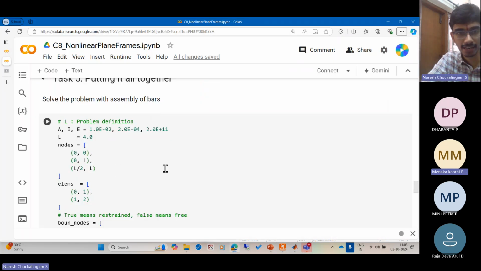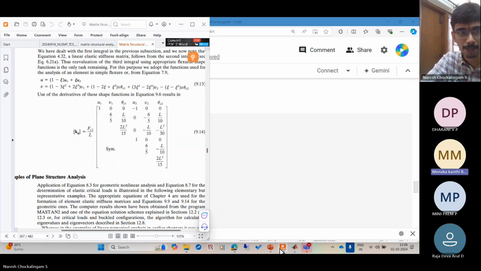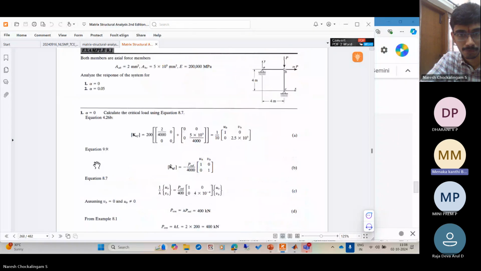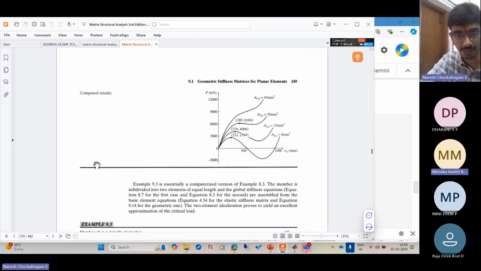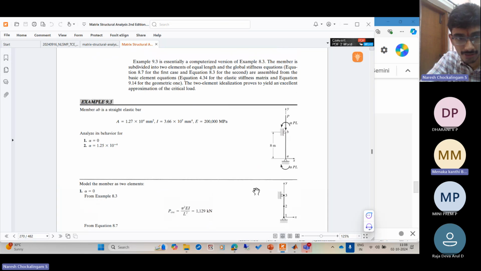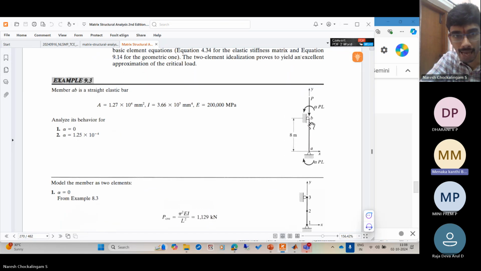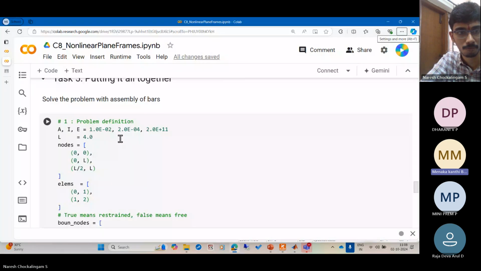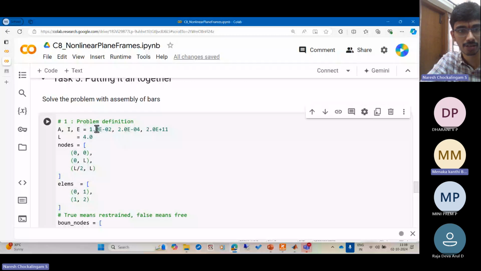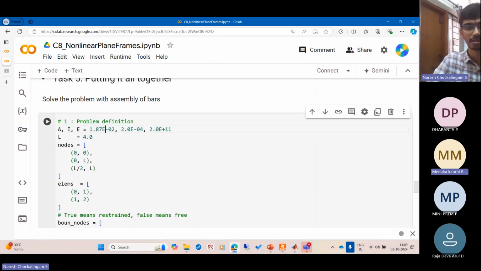So A and EI, let's take some values. I'll take them from the book so that we can check the answer directly. L is 8 meters. A is 1.87 into 10 power 4 mm squared.